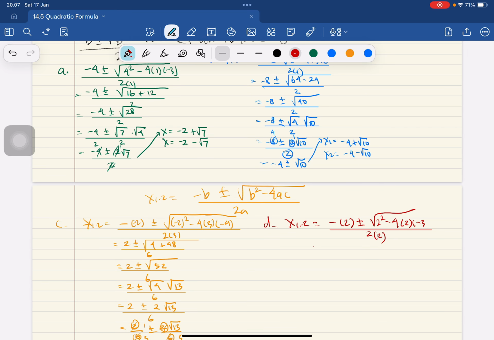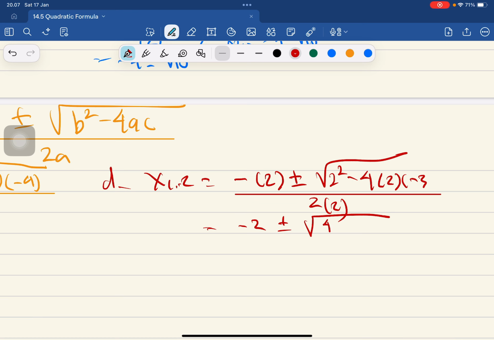Okay, so this is going to be minus 2 plus minus square root of 2 squared is 4, so minus 4 times 2 times minus 3, which is plus 24. We divided by 4. So minus 2 plus and minus square root of 28.